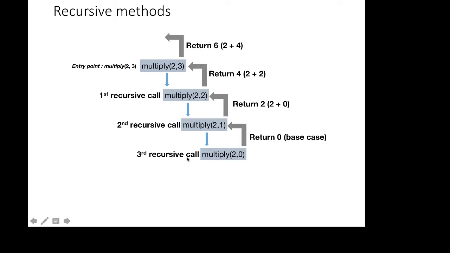We have 3 recursive calls. Once it hits the base case, where n is equal to 0, it will return the calls to the previous caller method. It's a depth of 3. And because of the recursion stack, we will spend space proportional to n, which in this case is 3.